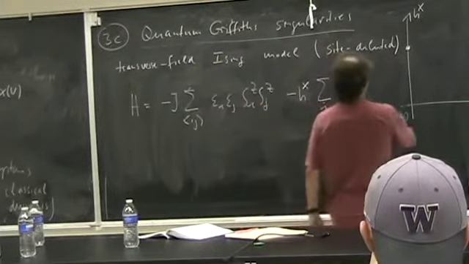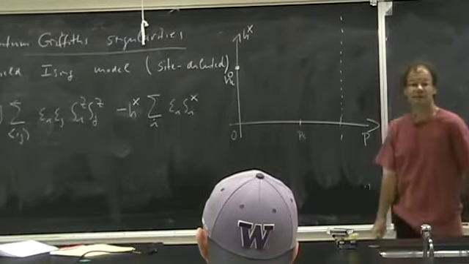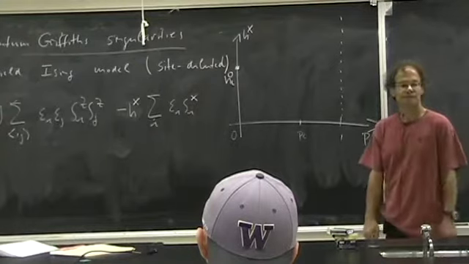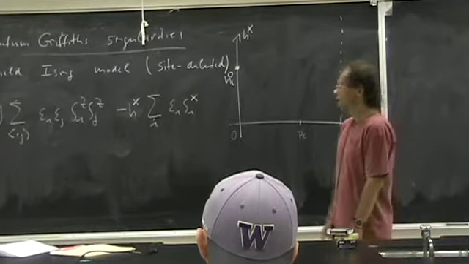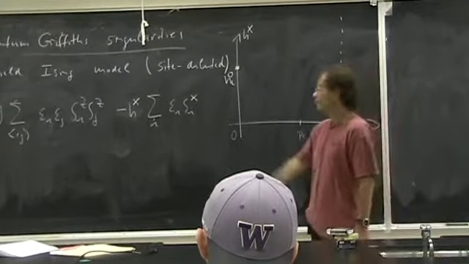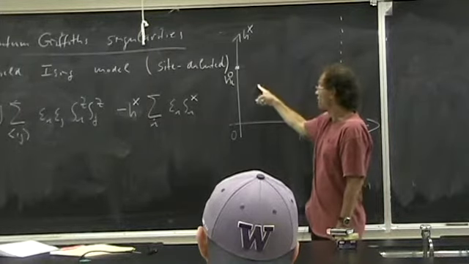Let's call it HC0, in analogy to the TC0 that we had in the classical case. Okay, so then what happens if I now dilute the system? What happens to the phase transition? Where does it go?